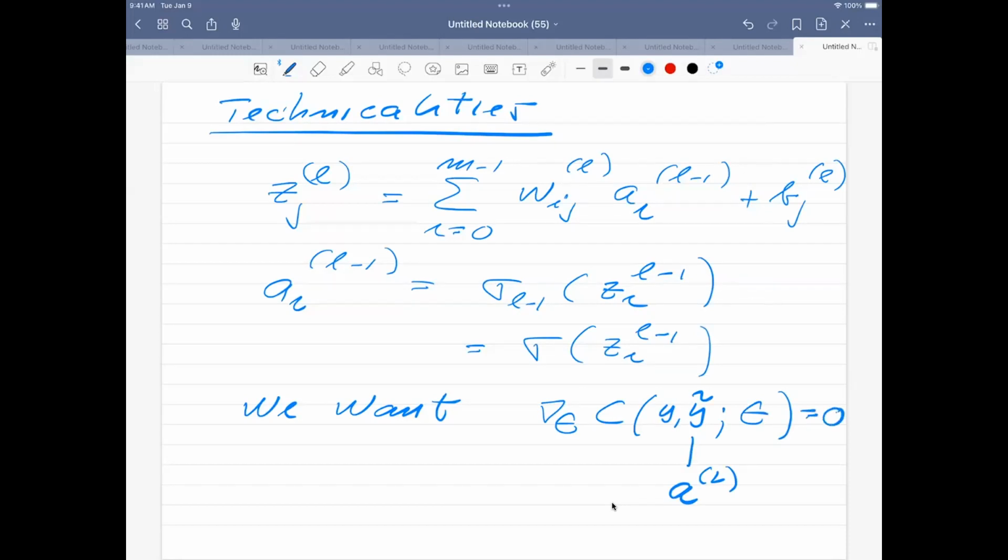Now, in our case, we have parameters in every hidden layer. So that means that when we are calculating this derivative, we need to take into account all the previous variables, which obviously means that we have to use the chain rule. So let's look at a simple example here, because this is what we want.